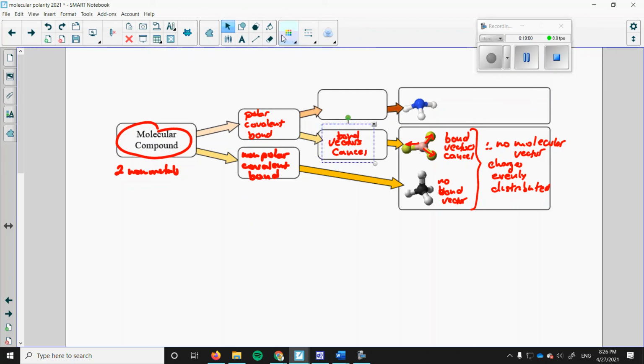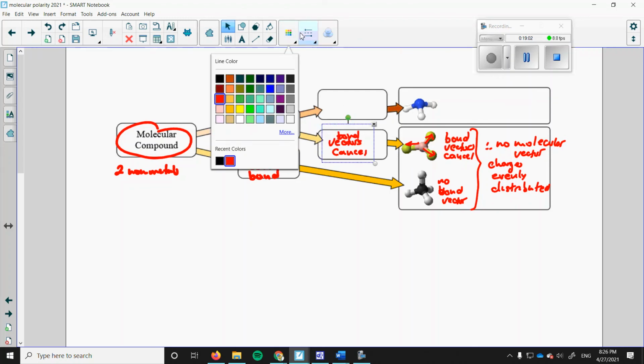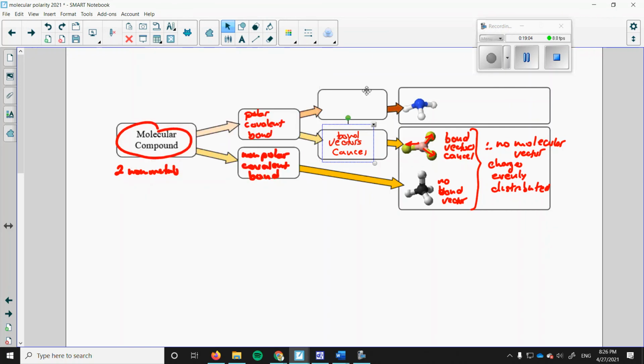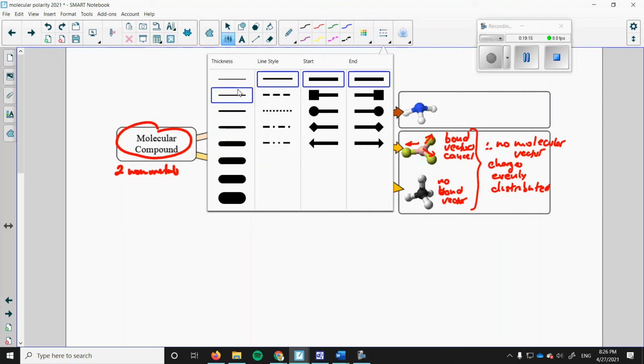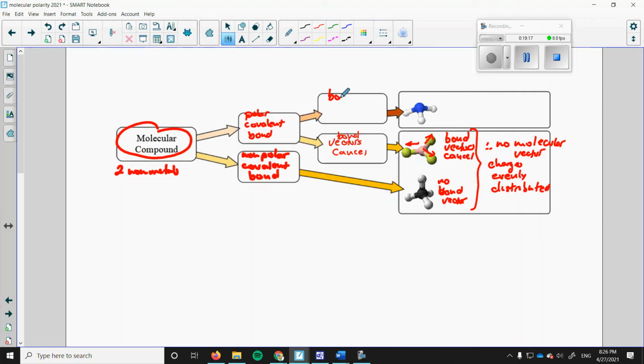Write that down. Now, the other thing that could happen is you might have polar covalent bonds, but the bond vectors do not cancel. We saw an example earlier with the ammonia molecule.